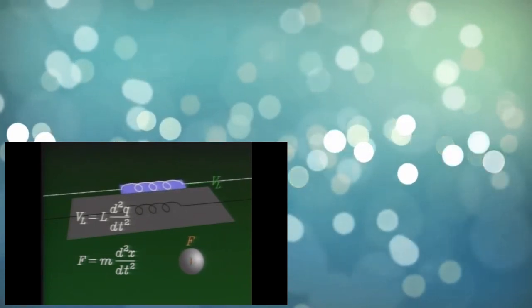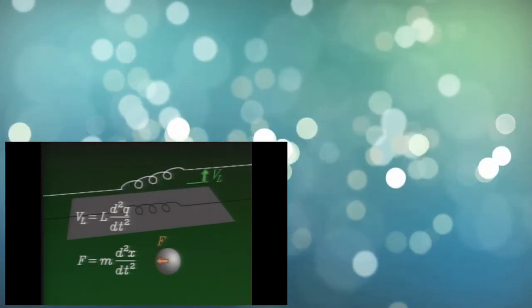On the other hand, when a voltage is applied to an inductor, it takes a while to get the current moving, or takes a while to stop it again. So an inductor opposes change in current in the same way the inertial mass on a spring opposes change in velocity.